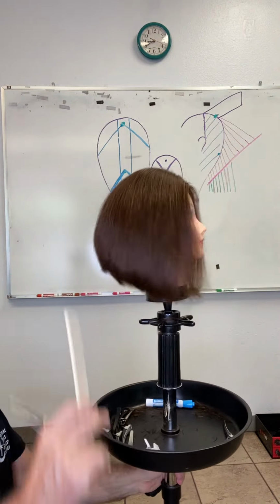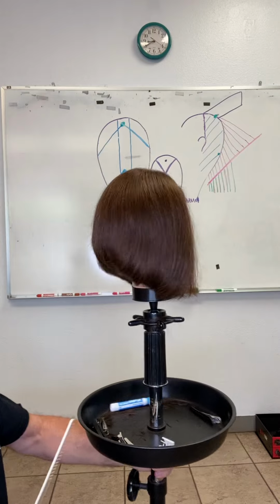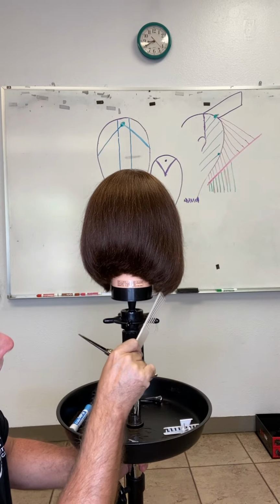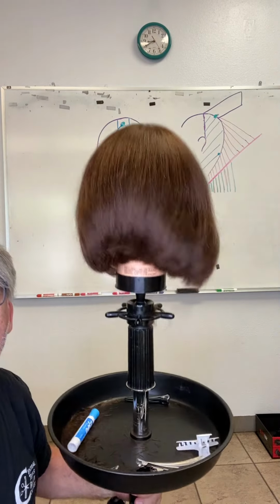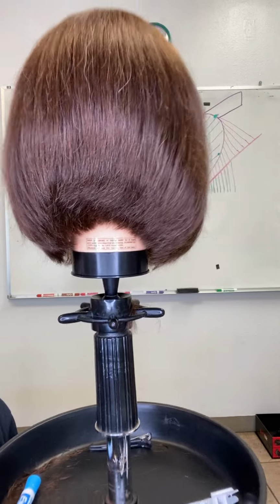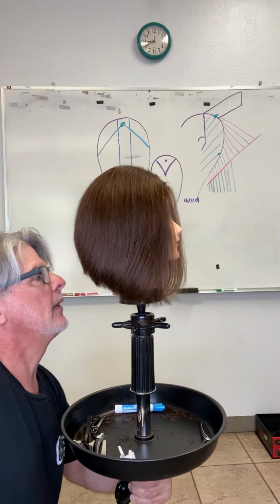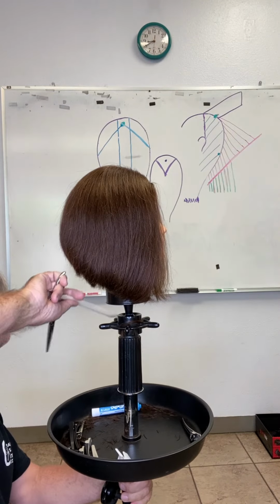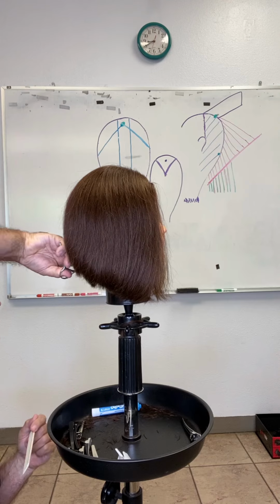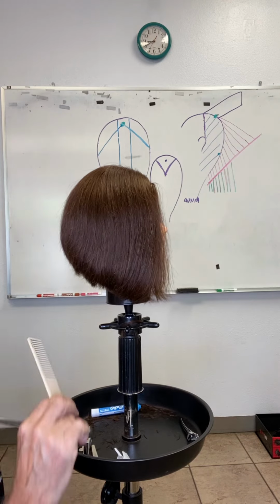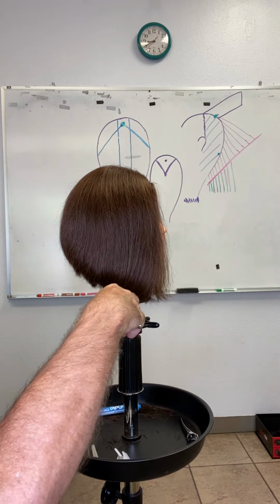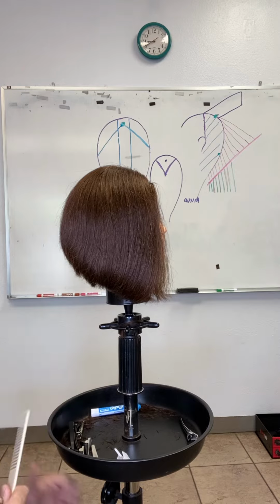Check it over here. And you can see this from the back too. See how that's kind of heavy and kind of chunky there? So if I need to go in there, and a lot of times I do a lot of cleanup dry, guys, because hair will start responding the way it naturally falls.